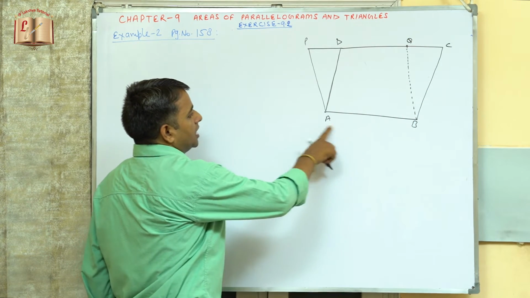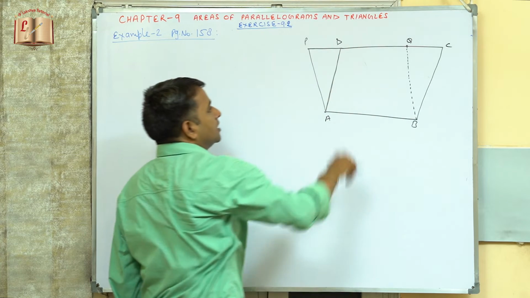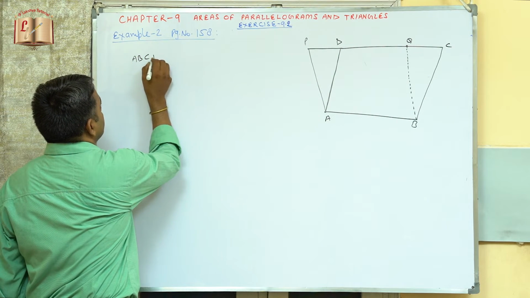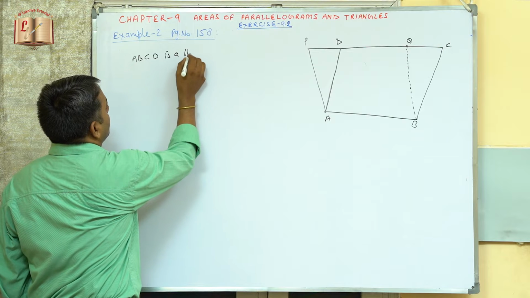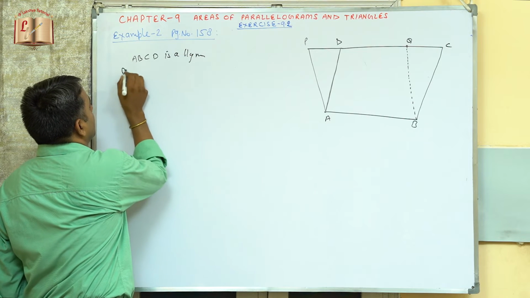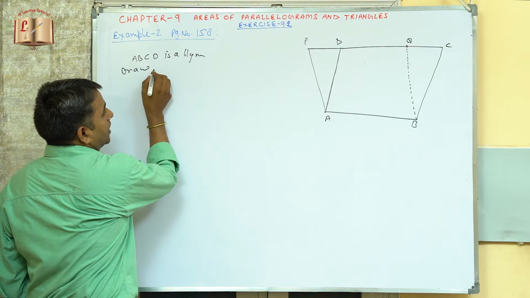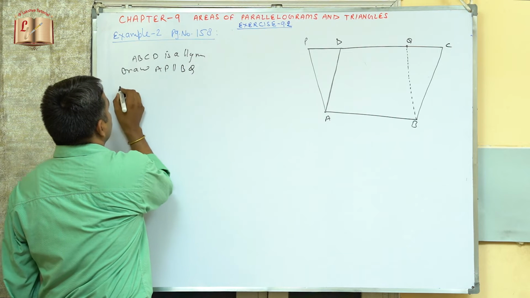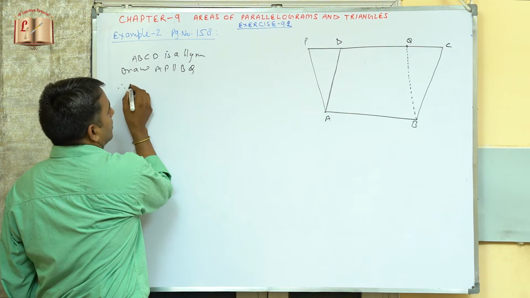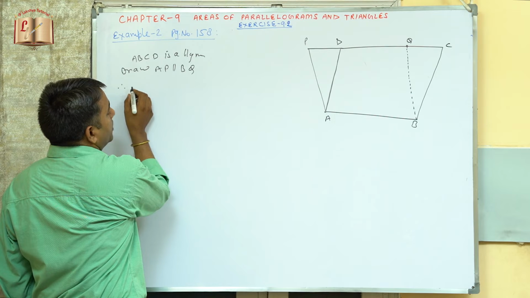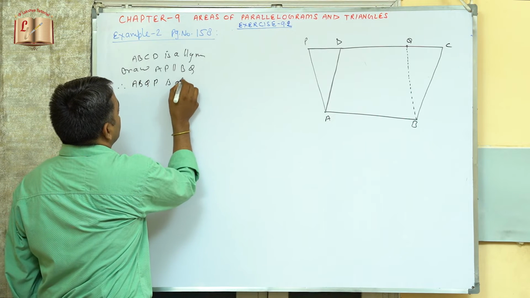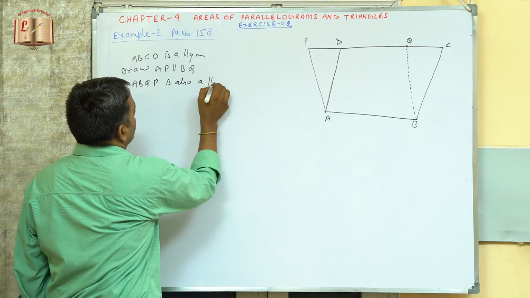So now ABCD is a parallelogram. We can write: ABCD is a parallelogram, and draw AP parallel to BQ. Therefore ABQP is also a parallelogram.